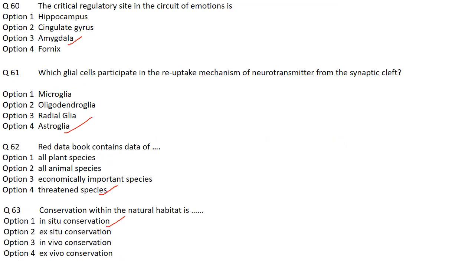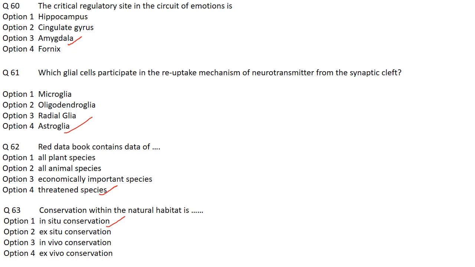The critical regulatory center in the circuit of emotions is the amygdala. Answer is option 3. Which glial cells participate in the reuptake mechanism of neurotransmitter from the synaptic cleft? It is astroglia. Then the Red Data Book contains data of threatened species.